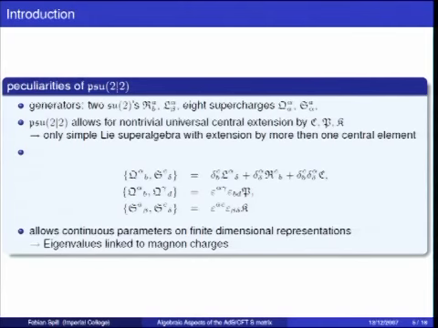This makes it quite special also for physics, because Nicholas first used that. He identified those central charges on the fundamental representation with the appropriate magnon momenta. So this special mathematical feature allows us to do physics, actually.